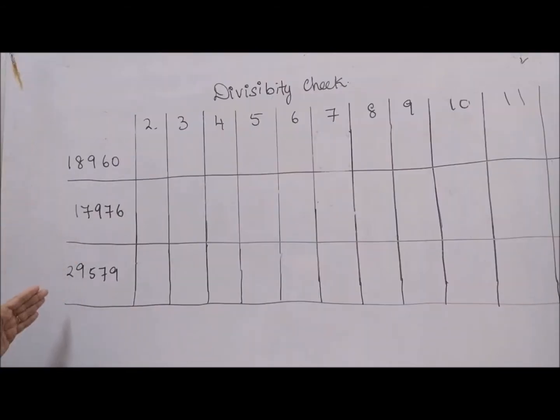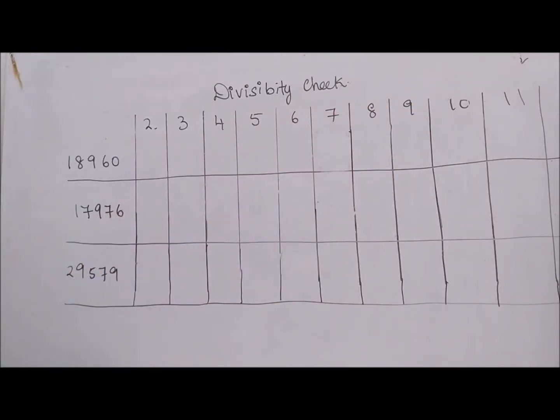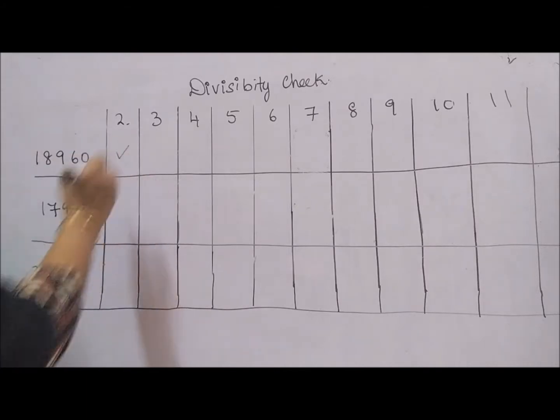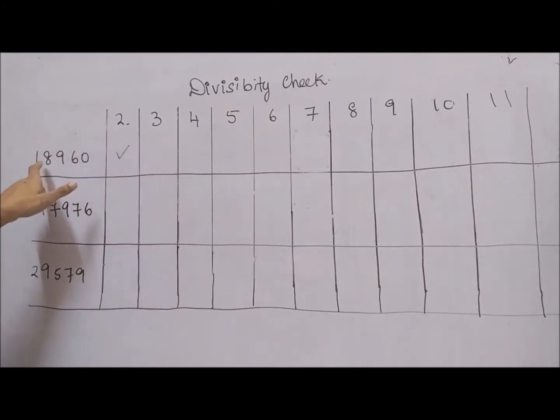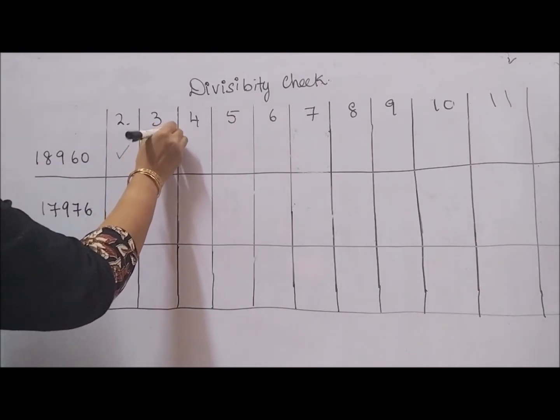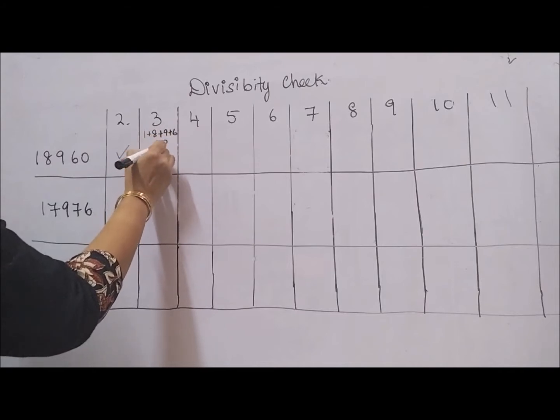We have 3 examples to check all the divisibility rules as a summary. 18960. It's an even number, so it is divisible by 2. 18960. So 1 plus 8 plus 9 plus 6 plus 0, 9 plus 9, 18 plus 6, 24.